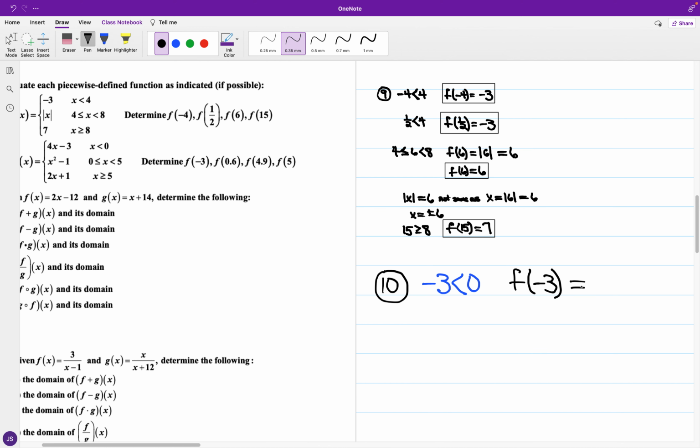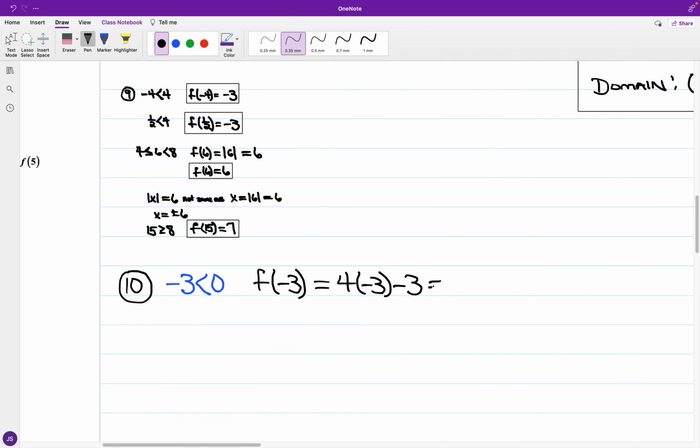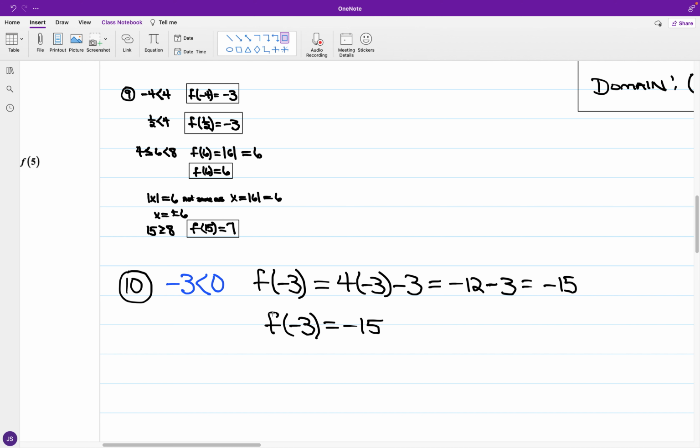So f of negative 3 will be 4 times negative 3 followed by the subtraction of 3. So 4 times negative 3 is negative 12, and negative 12 minus 3 comes out to negative 15. So we have a numerical result: f of negative 3 is equal to negative 15.